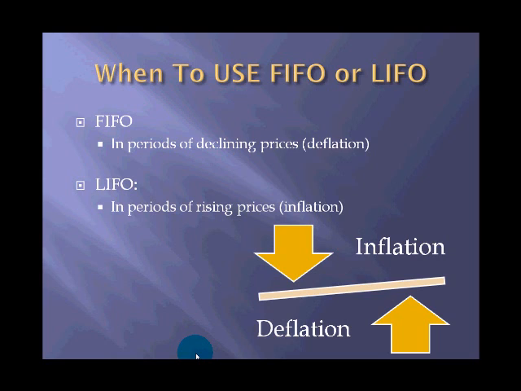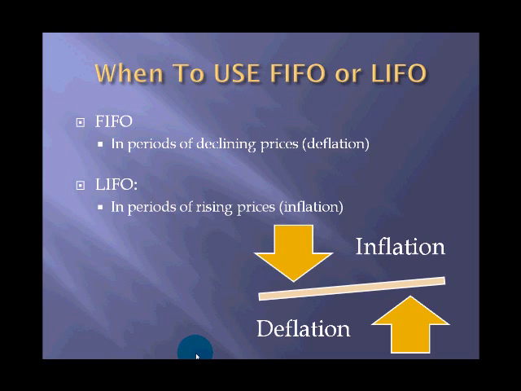On the other hand, if the cost of the goods it purchases is increasing, there will be a difference in profit and inventory value between FIFO and LIFO. In a period of rising prices, you will want LIFO. In a period of declining prices, you will want FIFO.